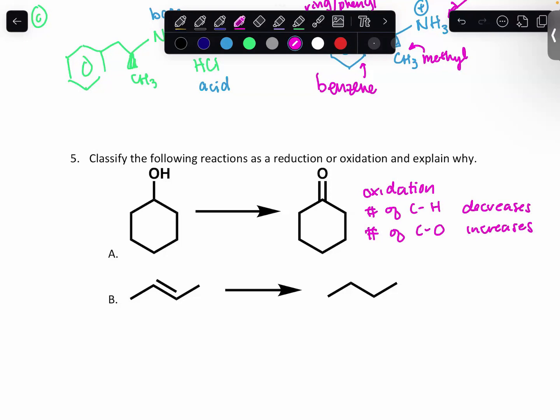What functional group is this one? And what does it change to? What about the second one? Oxidation, reduction? Reduction. Why?